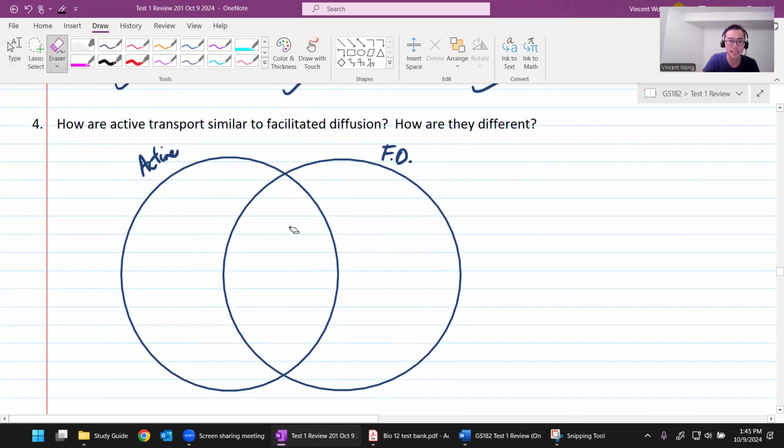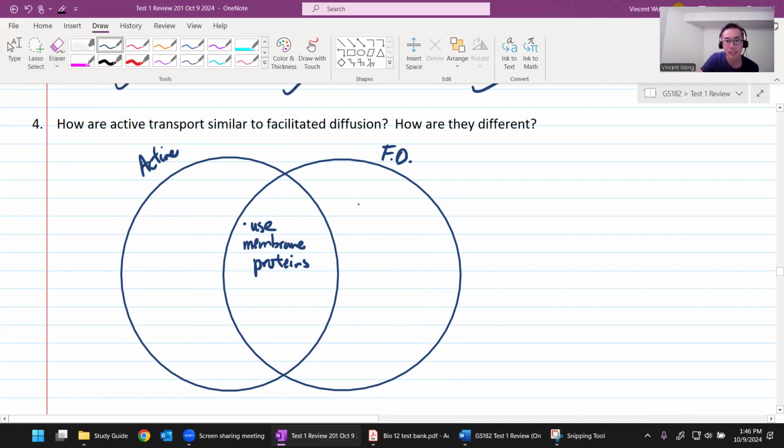How are they similar? They use membrane proteins. Specifically in facilitated diffusion, we have the channel protein and the carrier proteins. But for active transport, we also have the sodium potassium pump or the proton pump. Both use membrane proteins.